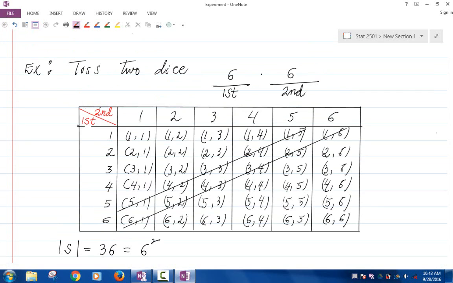Okay, so if I ask you, for example, let's say you have an event A, which is the event of getting at least a 6 from one of the two dice. So what will be the event? You get at least a 6. Right?